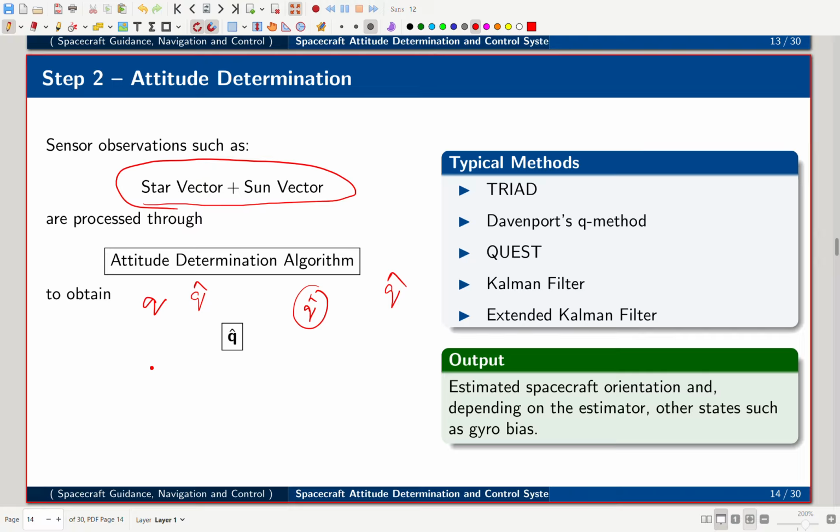There are different methods, typically methods like TRIAD, QUEST, the Kalman filter, and the extended Kalman filter. We will discuss in detail. So the estimated spacecraft orientation, and depending on the estimate, other states such as gyro bias, right?